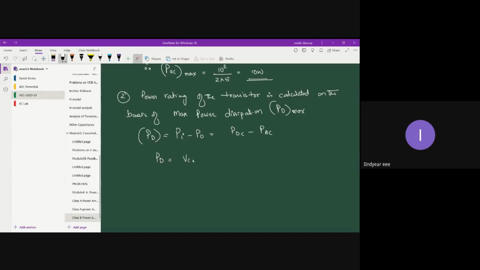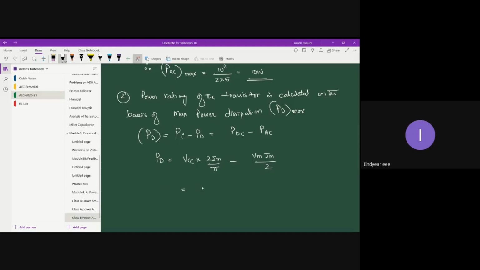PDC is VCC into IDC, right? IDC can be written as 2Im by pi, minus PAC, which is VM Im divided by 2.